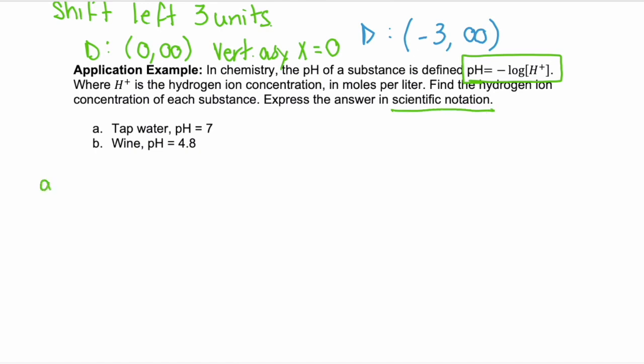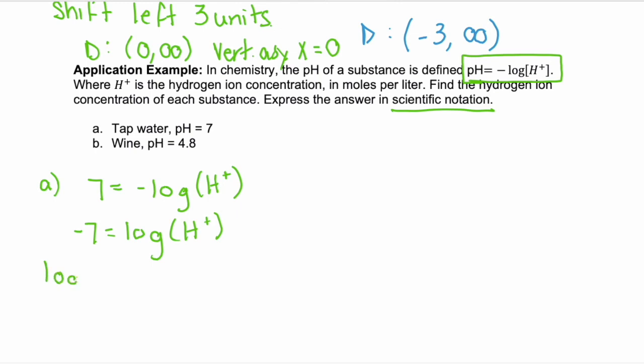Well, look at A. We're told that the pH equals 7. That means 7 equals -log of H+. If we divide by this negative, we would get -7 equals log of H+. And let's put it in the order we're used to seeing it.